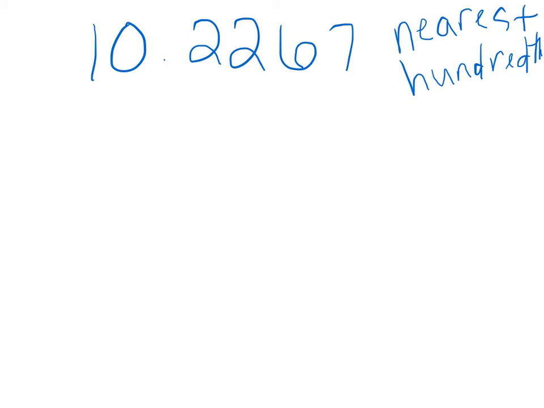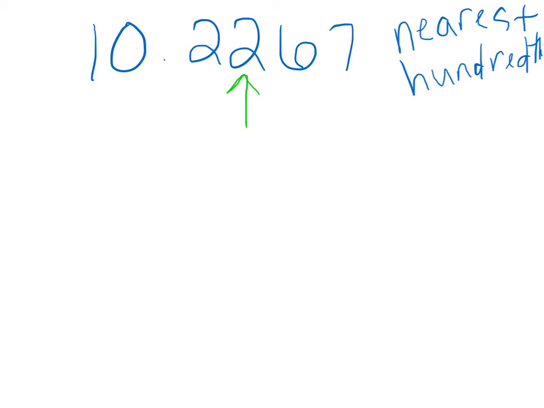And what I'm going to do is put an arrow at the number that I'm supposed to be looking at. And right here I have 10 and I have a 2 in the tenths place and then a 2 in the hundredths place. And this is the number I'm looking at. So I'm going to round to that place value right here, which is the 2 hundredths. We're in the hundredths place.